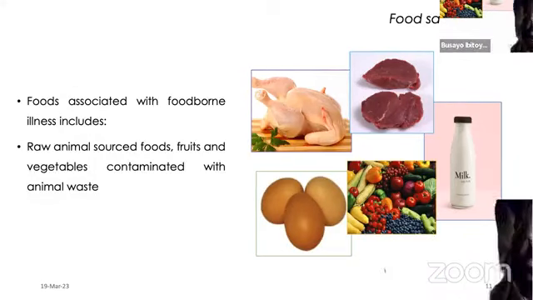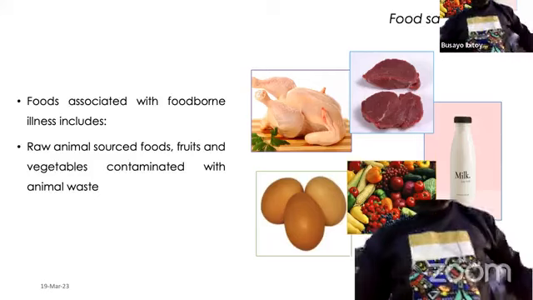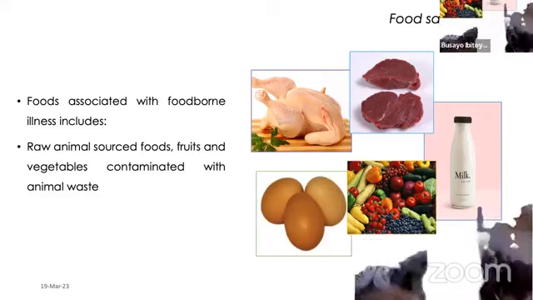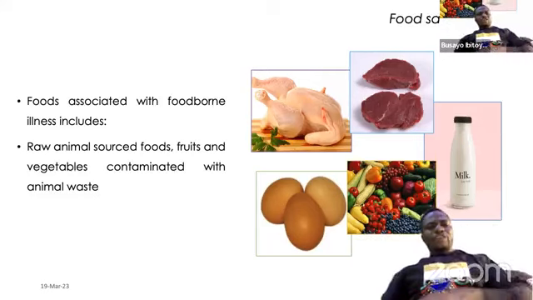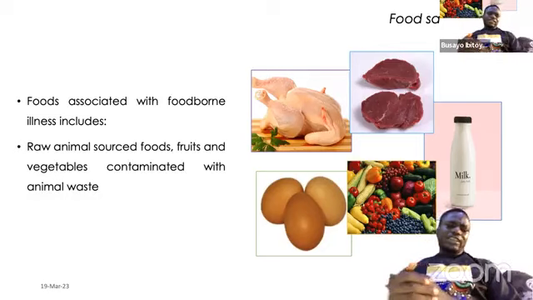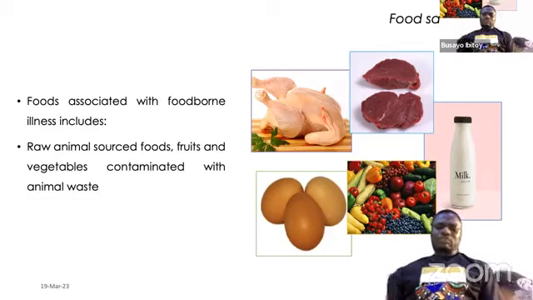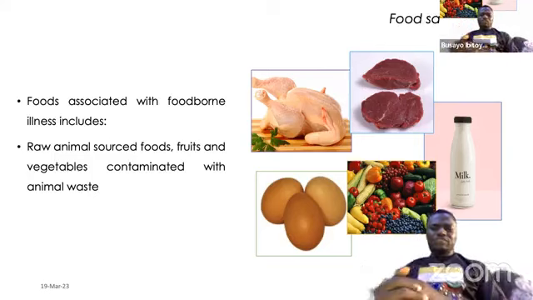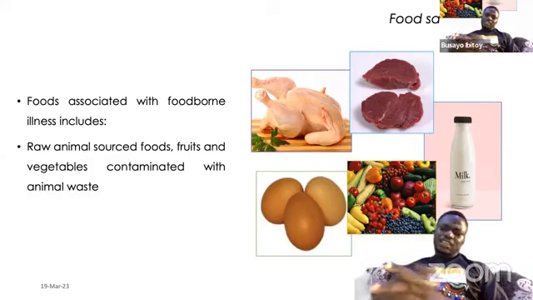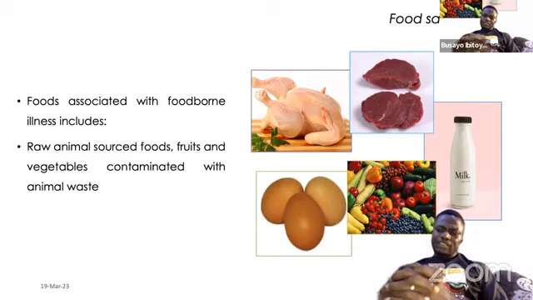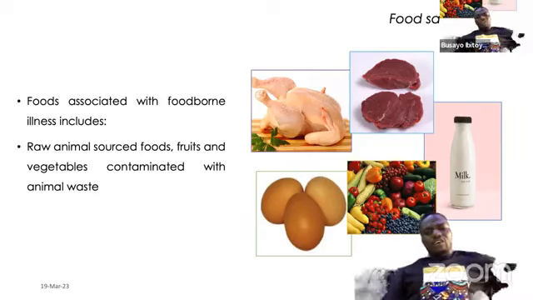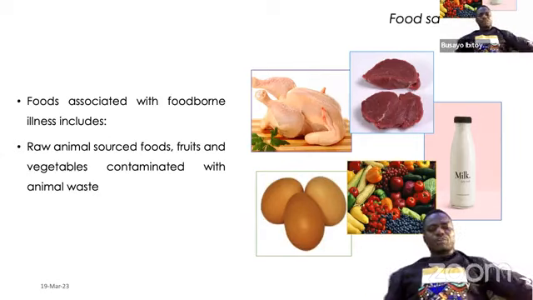Food safety issues are associated with foodborne diseases, and some of the foods we are talking about here are raw poultry, raw meat, raw eggs, raw beverages, and fruit. Then we have unpasteurized milk.